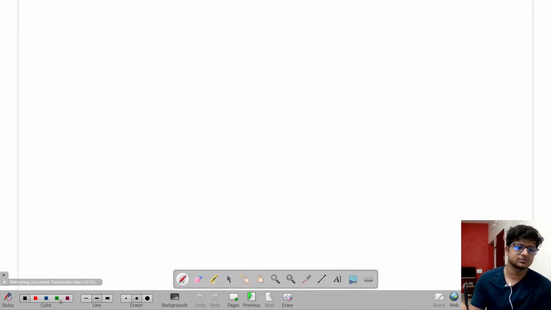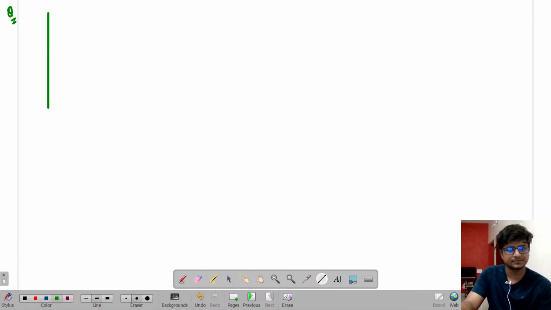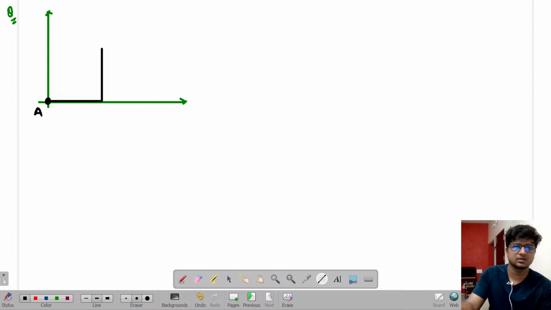Let's take another question. Let's suppose a particle is taken in the xy plane starting from point A, goes to B, then C, then D, and then returns to it.